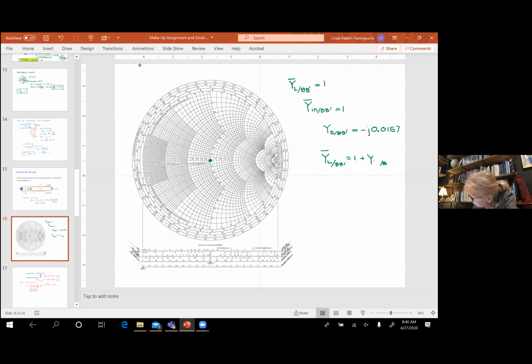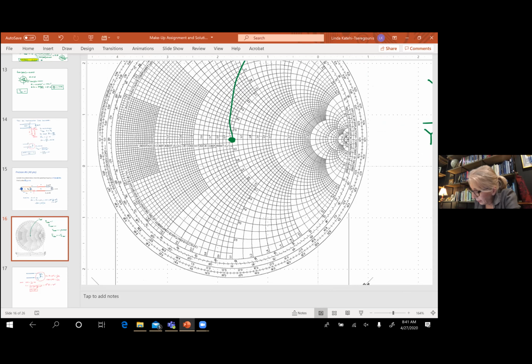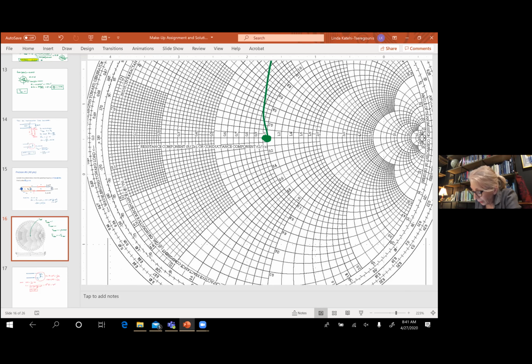So we want to stay at this point. This is my y input at BB prime. Where is y_s at BB prime? If it's minus j0.0157, I have to go to the lower end of the Smith chart, and practically it's going to get me down.